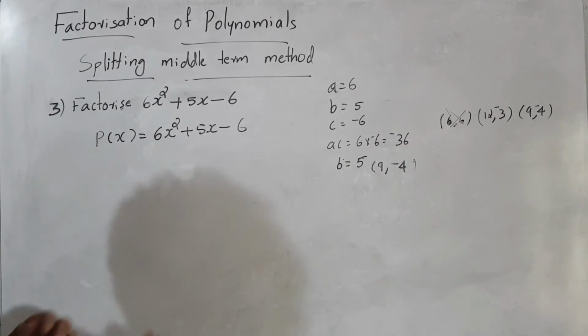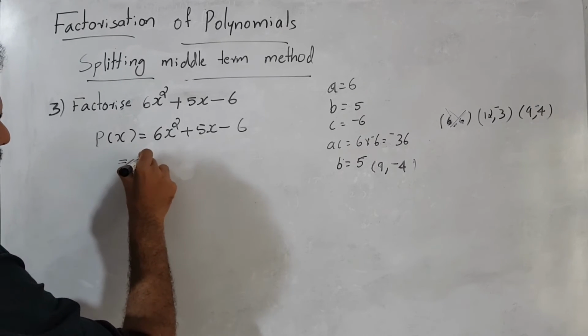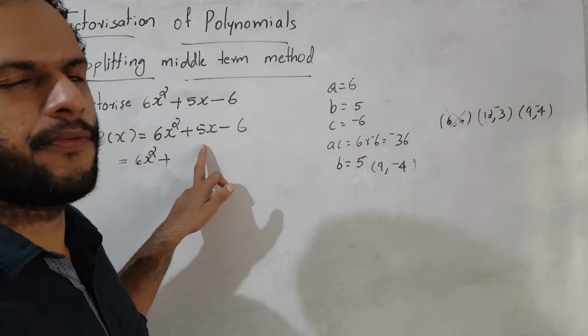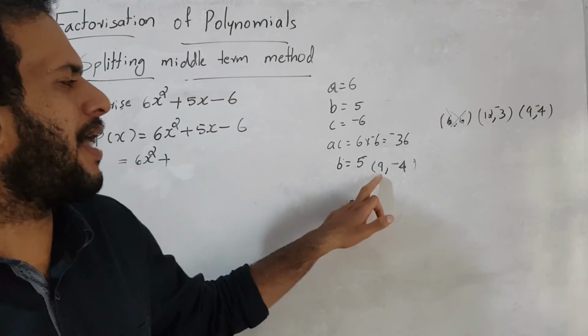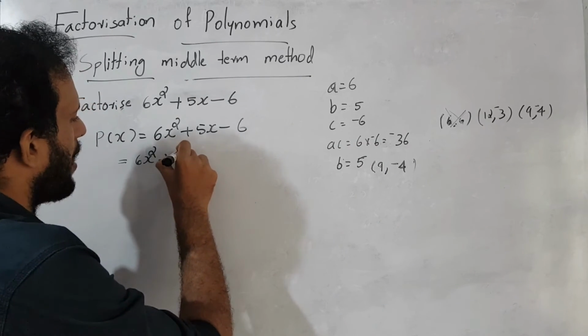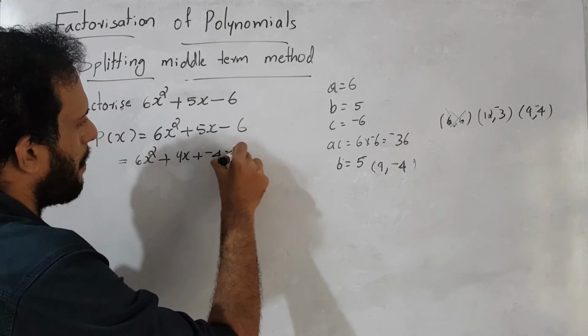Okay. Then we split the middle term of this polynomial 6x square plus 5x minus 6. How do we split the 5x? 5x as the sum of 9 plus minus 4. Then 5x is equal to 9x plus minus 4x.